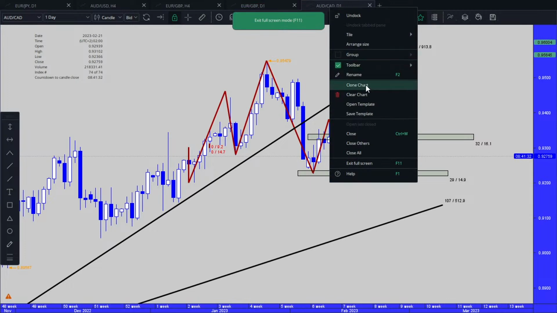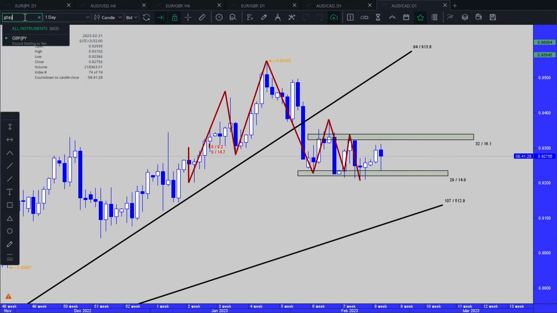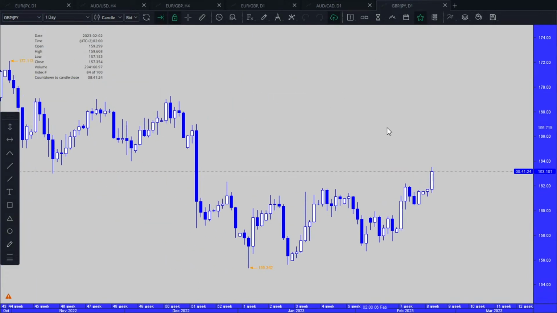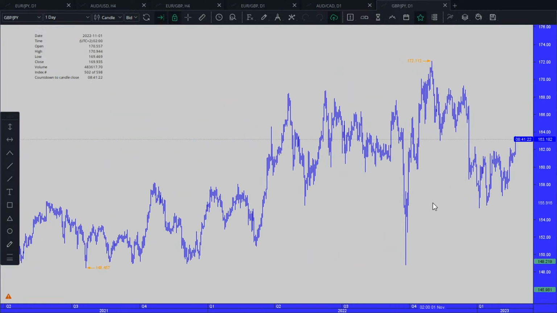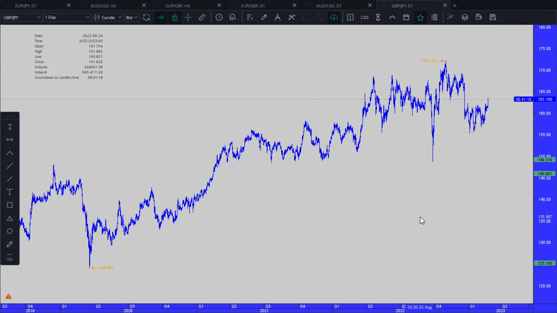Next, clone chart. GBP JPY, why not, right? GBP JPY daily chart. What is the GBP JPY daily chart telling you? Can we check confirmation time frame? What currency pair, Shola?